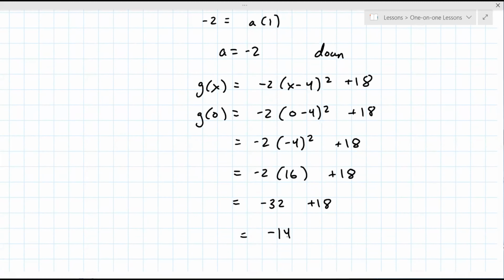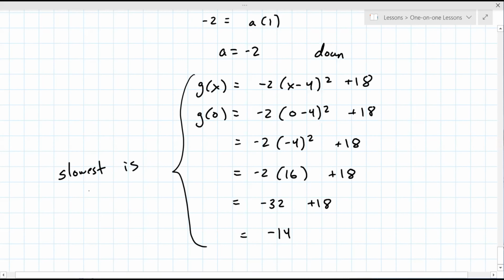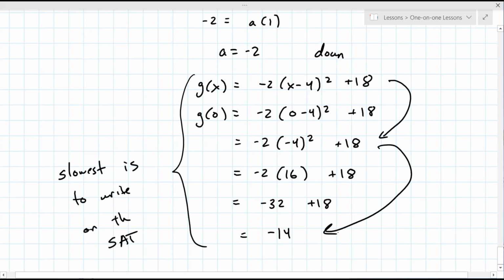Now, having known you and helped you for a while, I know you tend to put this much detail into your written work. One of the slowest things is to write on the SAT. So the more that you can go from step 1 to step 2 to the end, the better. But what's the risk? If you make a mistake, you've got to go back.